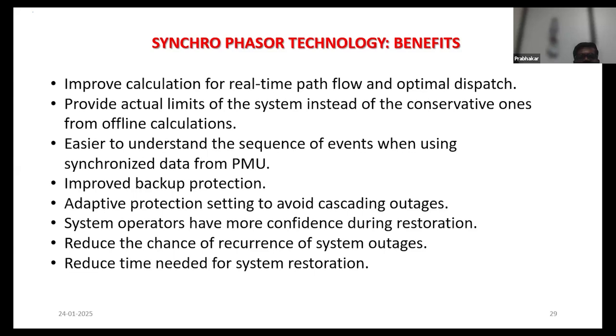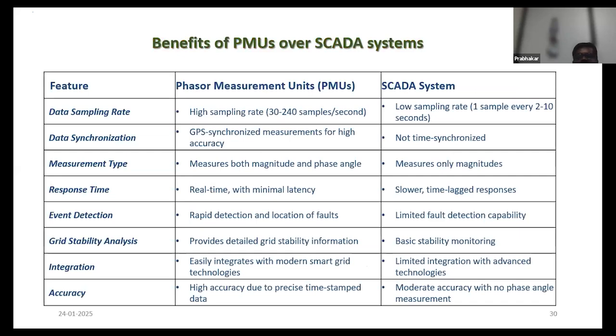So you can see adaptive protection settings, and system operators can work on the restoration process. Then, yes, this is another important comparison of the SCADA system and your PMU. It is based on the number of samples done per second when you compare the phasor unit with the SCADA system.